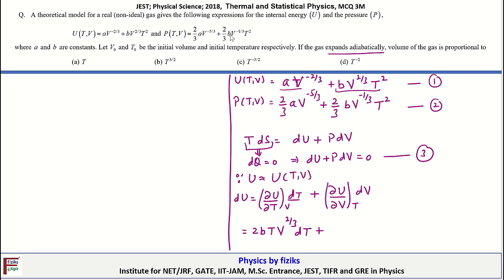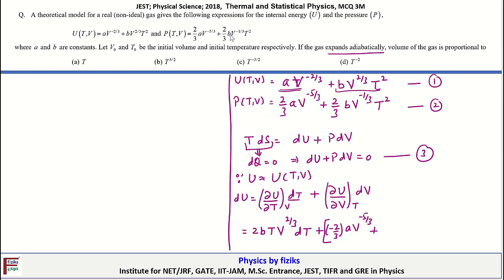Okay, the first term will be the differential of this term with respect to v, du by dv, so it will give us a factor of minus 2 by 3 from the exponent, and then a, and v power minus 5 by 3. I'm putting it inside the bracket because we will obtain another term from the second term by differentiating with respect to v.